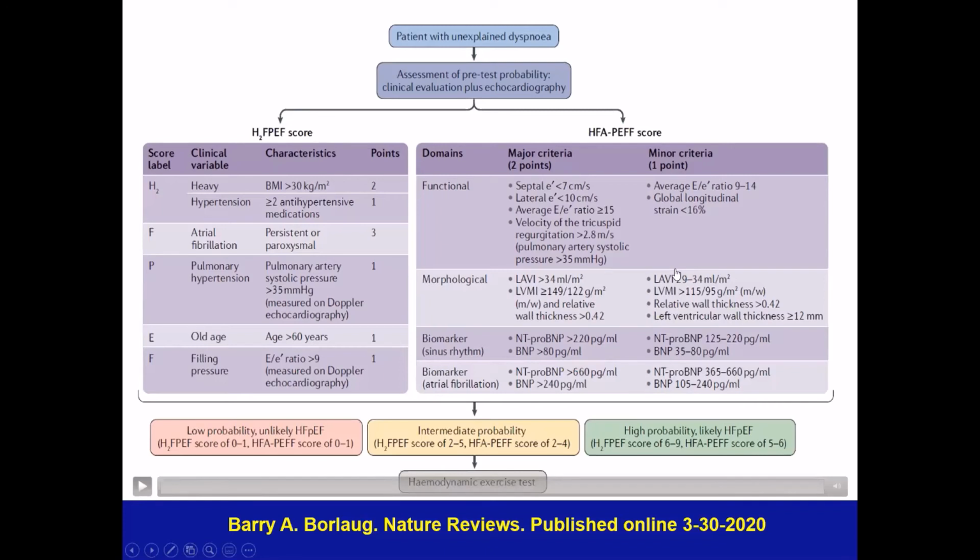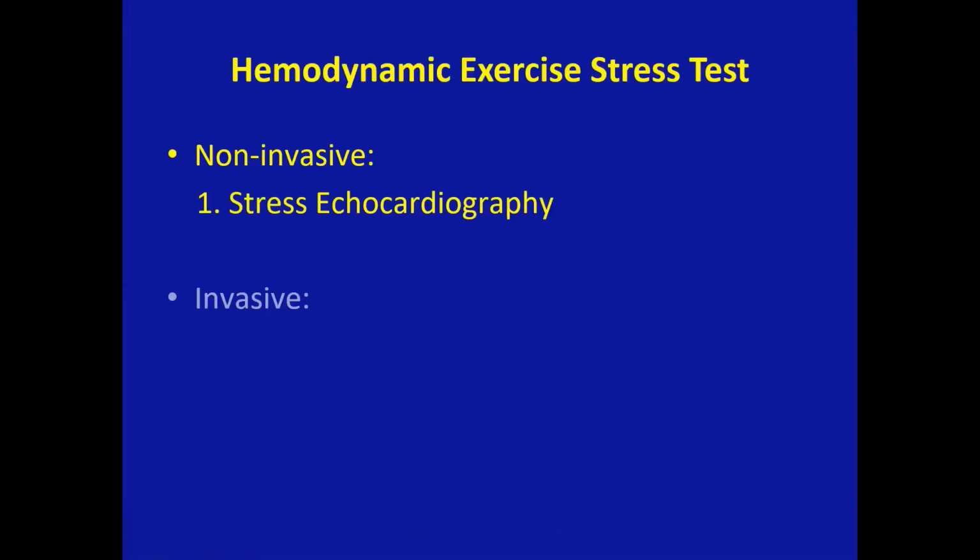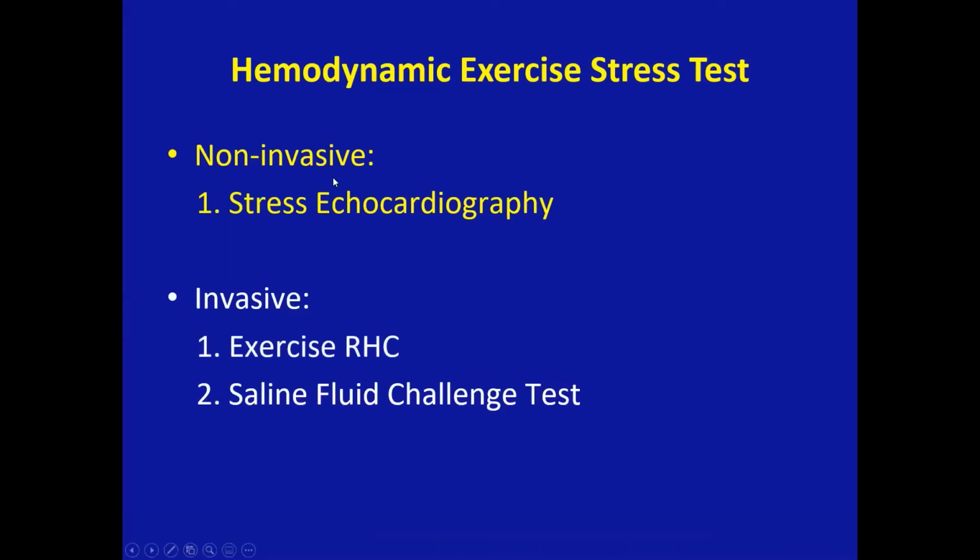There are a few ways of doing this hemodynamic stress test. A non-invasive test, which is stress echocardiography, but it's slightly different from the stress echocardiography that we do for ischemia workup. And the invasive, there are 2 modalities: exercise right heart catheterization or saline fluid challenge test.